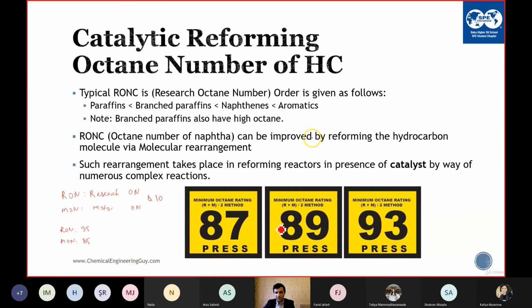This is, I think, in the USA, where while selling gasoline they don't show the RON. In the gas stations in Azerbaijan, we show the research octane number, but there they show the research plus motor divided by 2. So for this one, RON is 92, RON is 95, RON is 98.